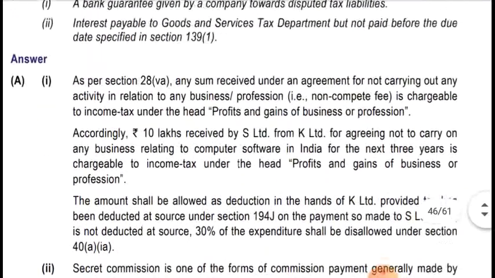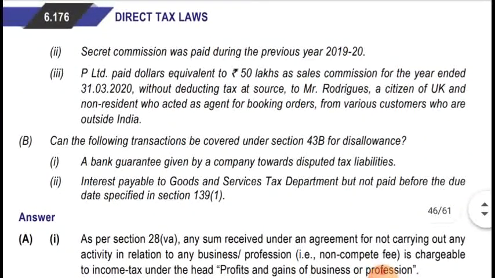Now Roman 3 question. P Limited paid dollars equivalent to 50 lakhs as a sale commission for the year ended 31st March 2020 without deducting tax at source to Mr. Rodriguez, a citizen of UK and non-resident, who acted as an agent for booking orders from various customers who are outside India.